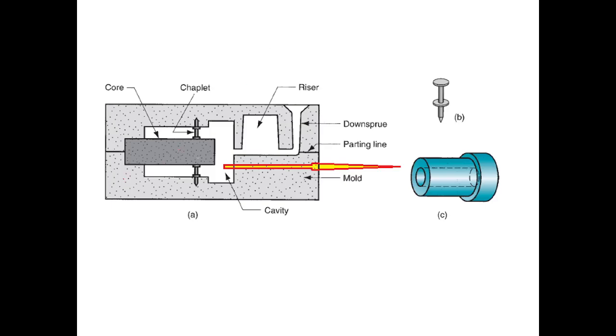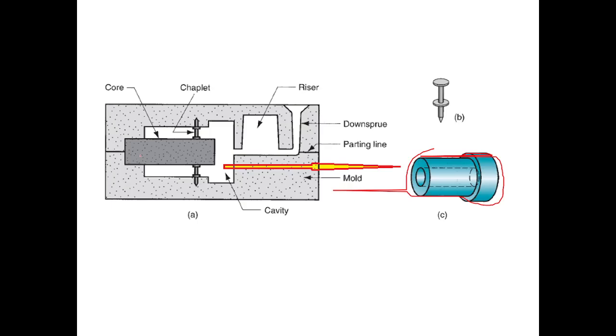In this example, that is the product to cast, and this is the cavity for creating the external shape, and this is the core. It is to set the interior features. In this example, the interior feature is this hole. So it is a hole, so the core is a cylindrical part.